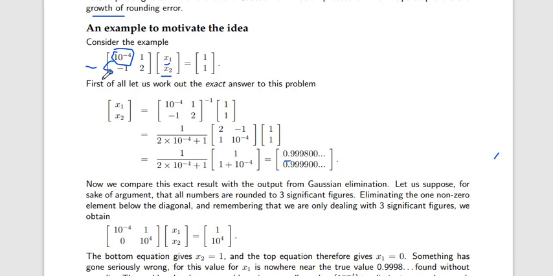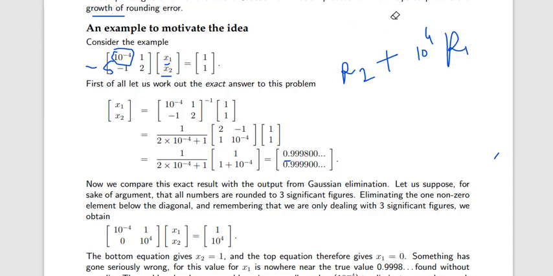How do we transform this into 0? We multiply the first row by 10 raised to 4 and add it to the second row. So the operation becomes R2 plus 10 raised to 4 R1.